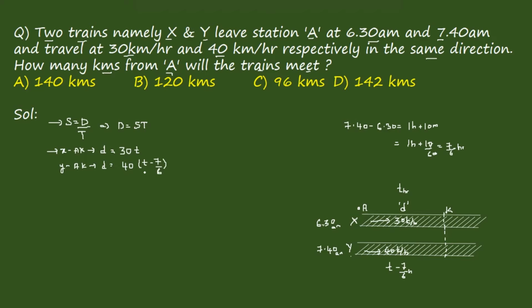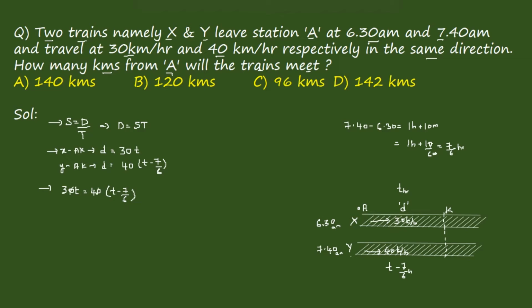Both distances are the same, so we can equate them and find the value of T. It becomes 30 T is equal to 40 into T minus 7 by 6.